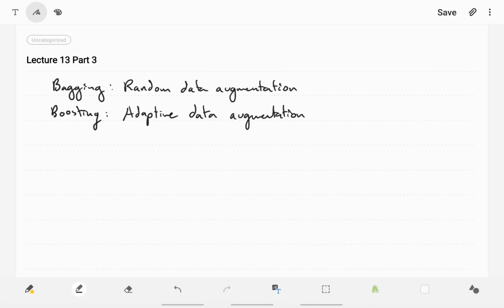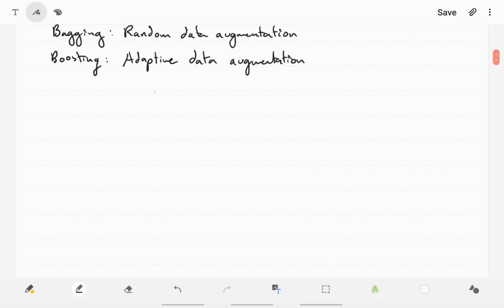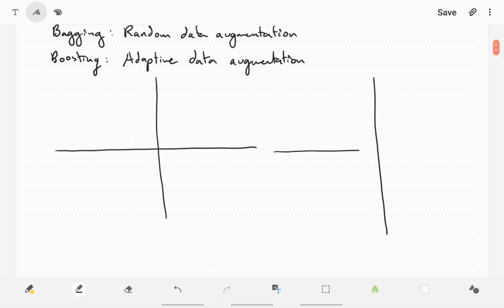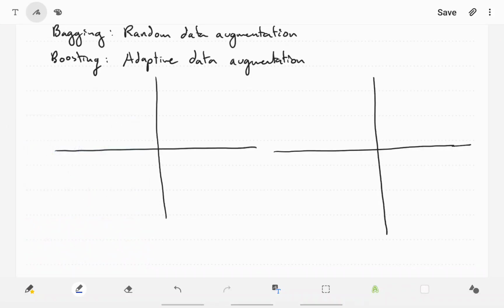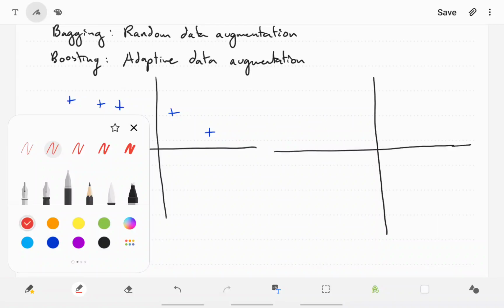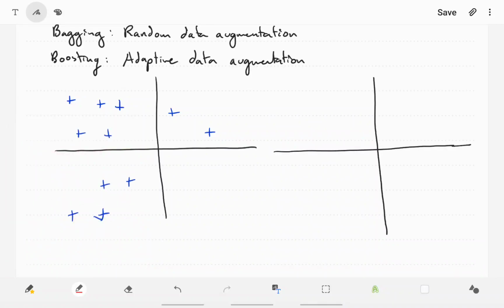Right. So how can we think about this? Well, if we have a data set, let's draw pluses and minuses. I'm just going to have a little vignette of a data set here. So if we start with some data set, just throw some pluses and minuses here, and then we have a bunch of minuses.